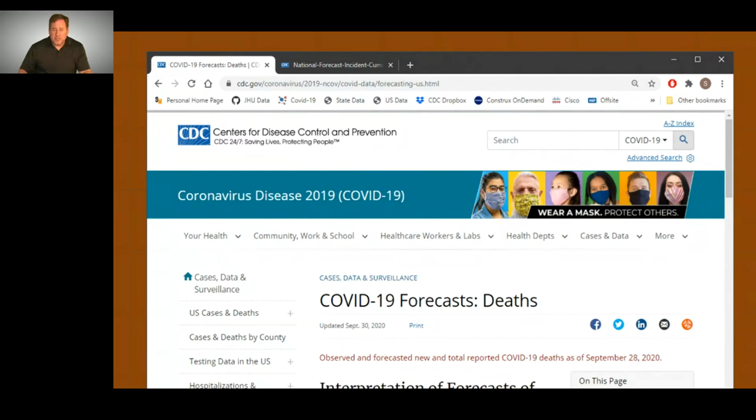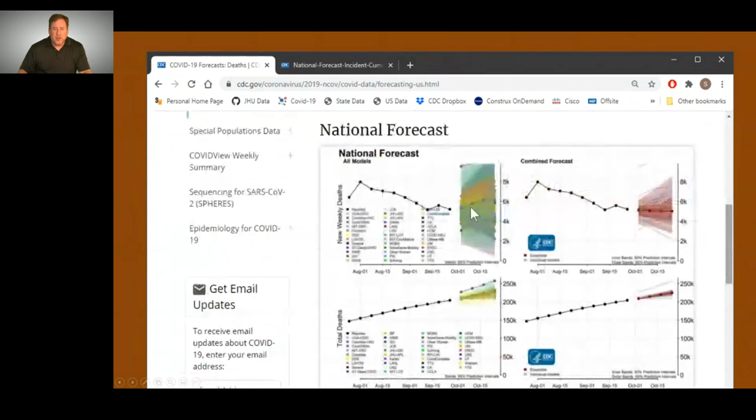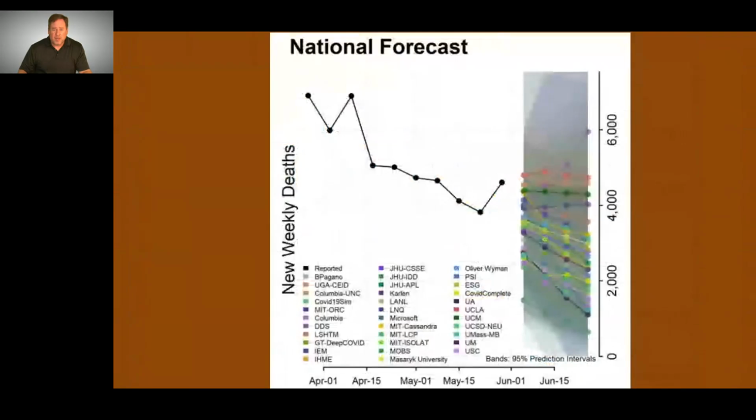So if you go to the CDC website and you go to the COVID-19 forecast page, as shown here, and then you go look at the national forecasts or the state forecasts, and you zoom in on who's contributing, you'll see my model, which is COVID complete, and this is the most recent week's forecasts.